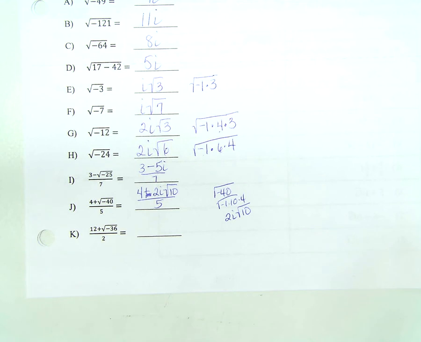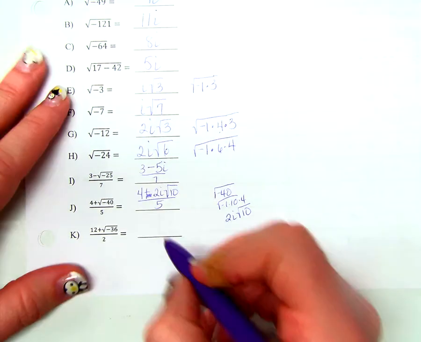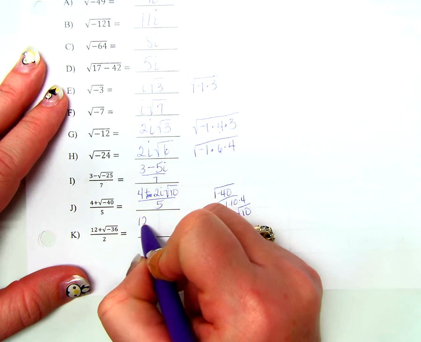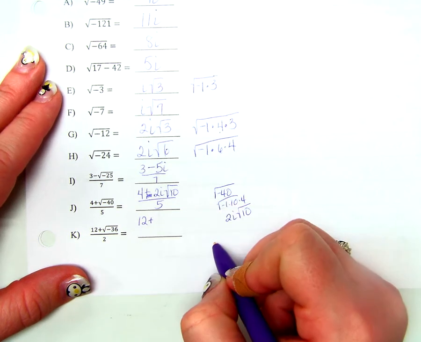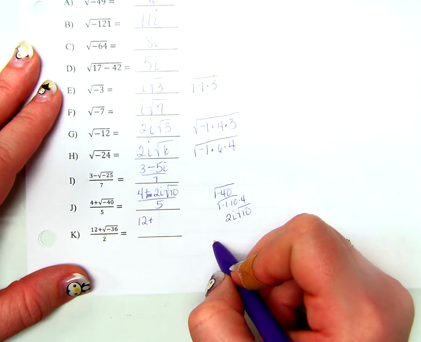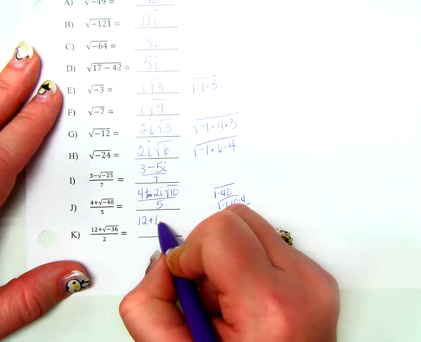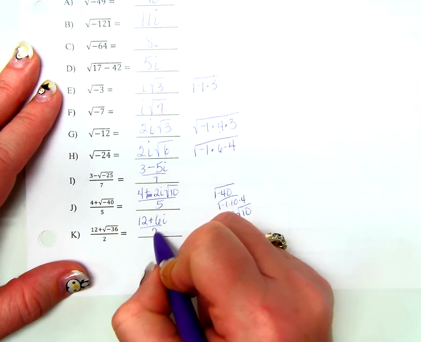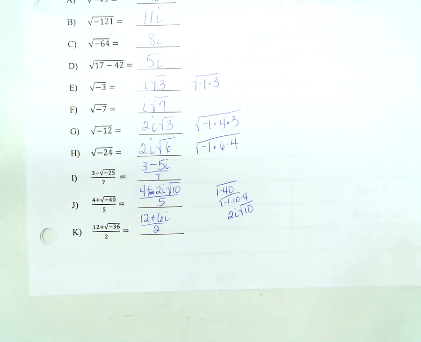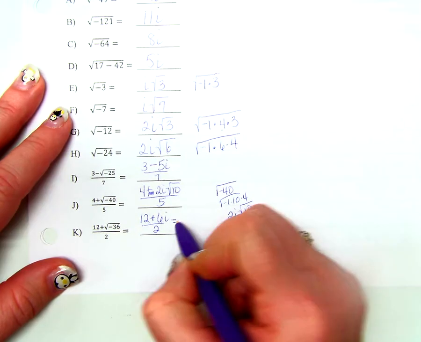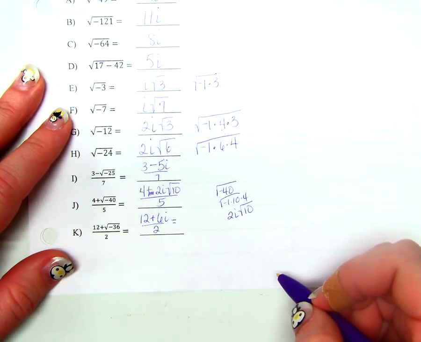So what about k? 12 plus what? 6i over 2. They're all divisible by 2, right? So I can simplify it one more step. What's it going to be?